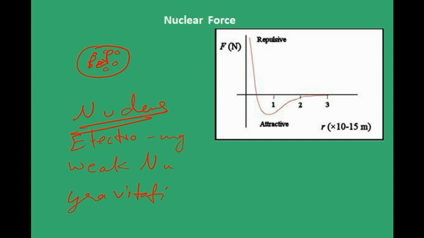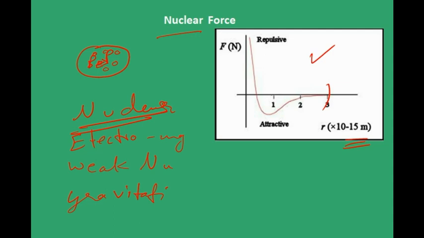And the nuclear force which we are talking about now is a very short-ranged force. You see this graph, it gives the nature of that force. So note that this is 10 power minus 15, that is femtometer, very small. So if you are, say, 3 femtometers far from your nucleon, then pretty much it is zero. It is not influencing the other nucleon.